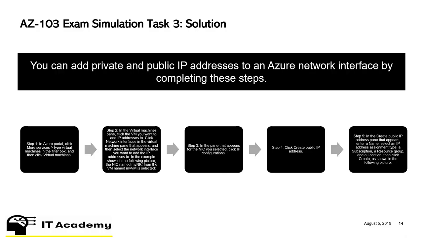And then in the next page, what you want to do is select the IP configurations and create the public IP address. Remember, creating the IP address is only part of the story. Because there'll be a network security group attached to that public IP address, we need to make sure that we are actually publishing the correct ports for that virtual machine.